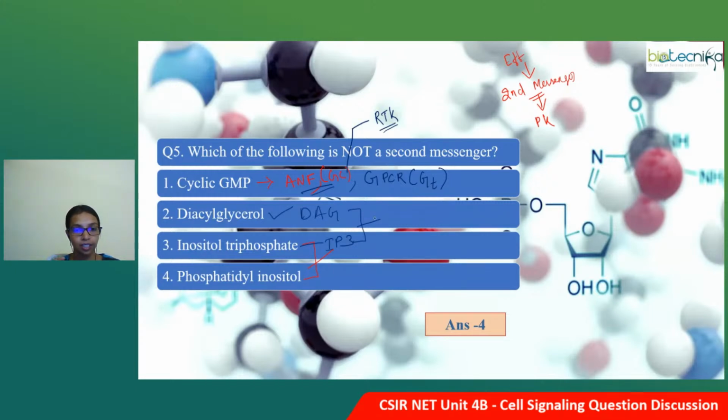Again, absolutely correct, Sampurna. We have the Gq pathway where we have PLC which breaks down to give rise to IP3 and DAG. What is the function of IP3 here and what is the function of DAG here? Yes, Sunshine.